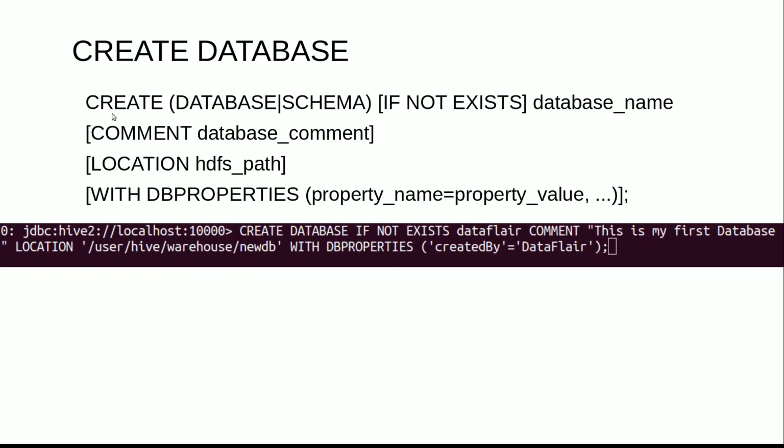So let's see the create database syntax. Create database is just like what we have seen in SQL. You just have to write create database, and if you write if not exists, then it will create the database if it doesn't exist, and it won't raise any error if it exists.